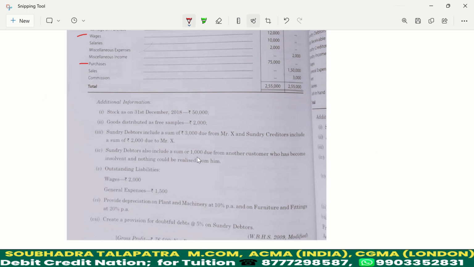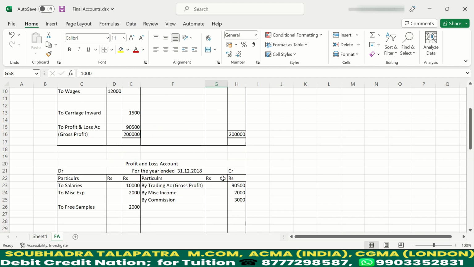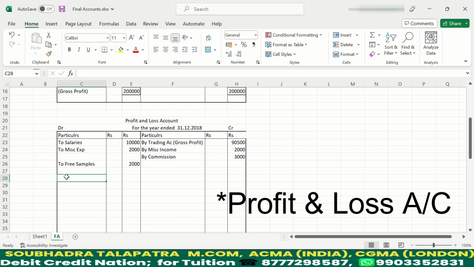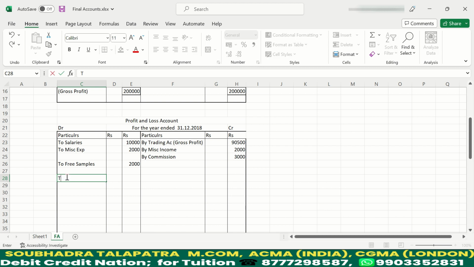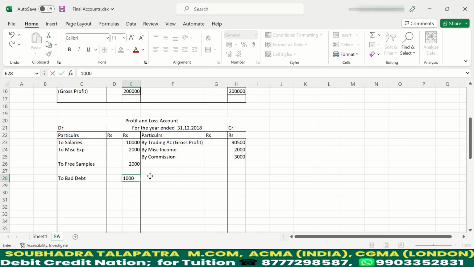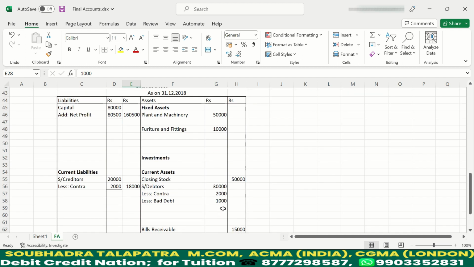I cannot collect 1000, so I will have 1000 here, and since it has another impact, I will go to my trading account. It is a loss or expense. In nominal account, expenses and losses are to be debited, so I am going to debit it to bad debt. Outer column, how much is the bad debt? 1000. You have to make sure that you enter the same amount in both places. Okay, so I did that, bad debt.